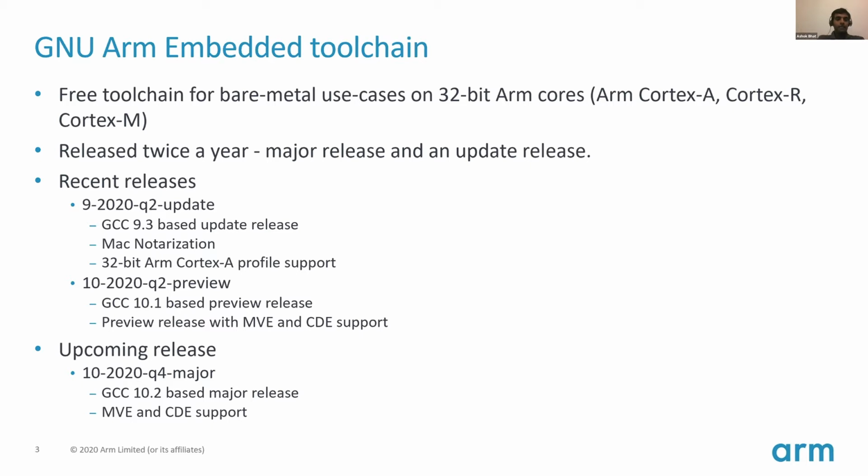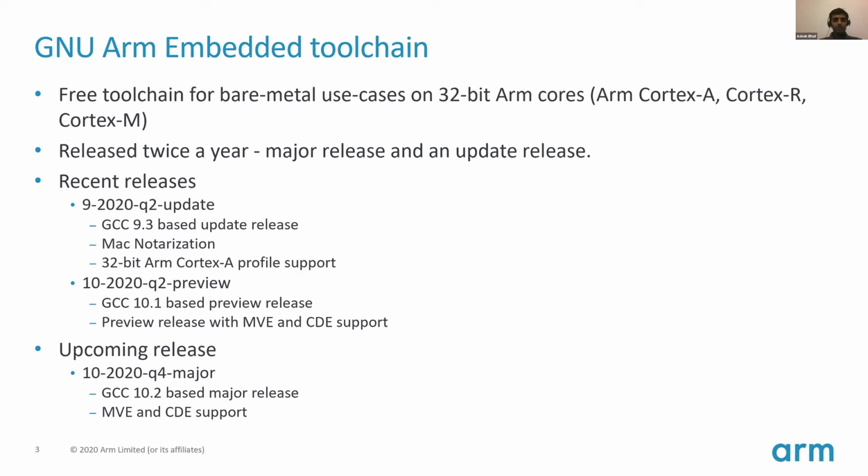One of the unique things we did this year, which is mostly a one-off and we're not going to do every year, is we made a preview release available in June. This is a preview release for GCC 10, mainly for end users to try the new features in Cortex-M, the MVE support, and the Custom Datapath Extension, the CDE, that was announced late last year.